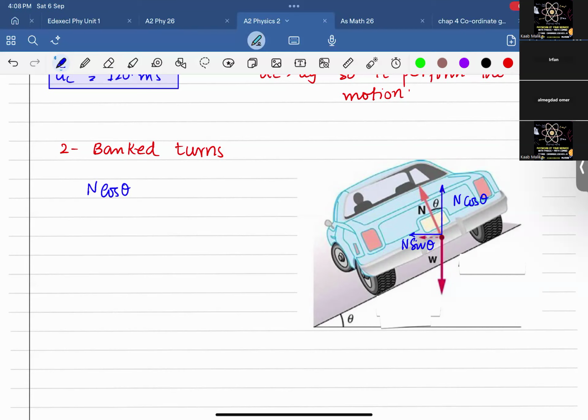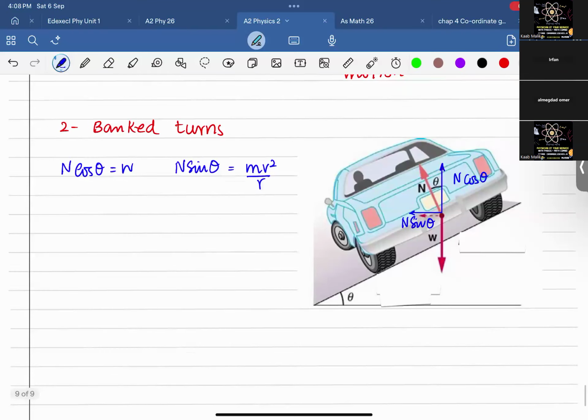Oh, sorry, n cos theta is basically balancing the weight, so this should be equal to W. And n sin theta should be equal to the Fc, or the centripetal force. It's better to write it as mv square over r. Now you can make n the subject from both equations and solve.